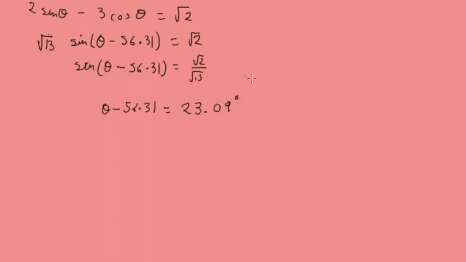must be equal to 23.09 degrees. Now, because that is positive, All Students Trust Cambridge, so it's going to be in this quadrant, so we'll also get 180 minus 23.09, which gives us 156.91. So we now need to solve for theta.